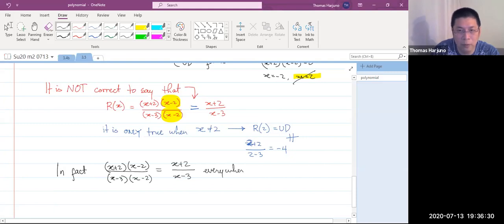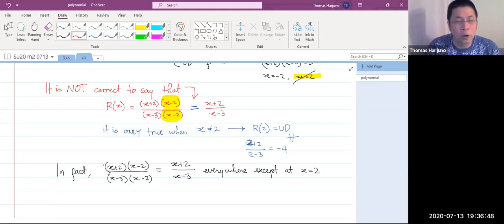They are the same everywhere except at x equals 2. Okay, now let me say the following.